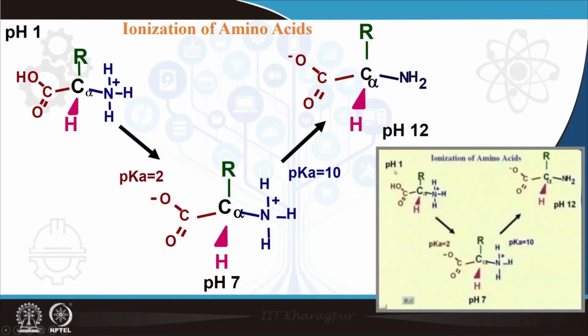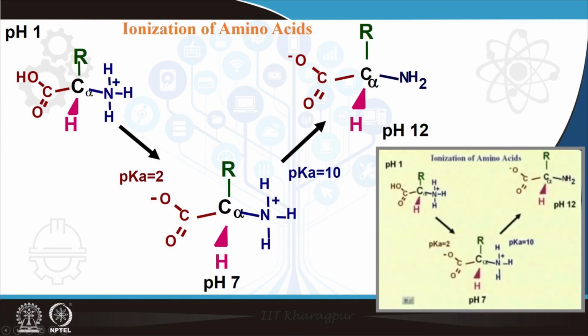So, at a pH of 1, when the pH is very low, I have COOH. I also have NH3 plus. We all understand that. Why? Because I have an acidic solution which has a sufficient amount of protons to protonate all the amino groups.